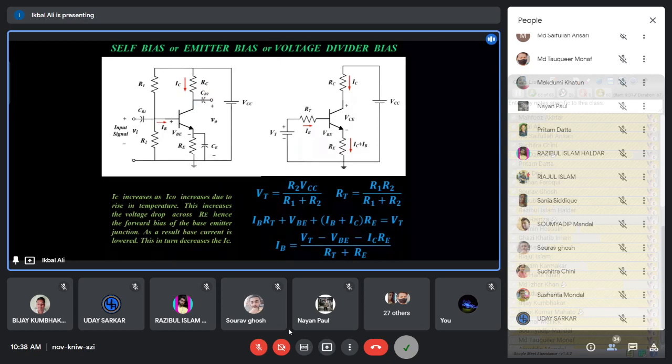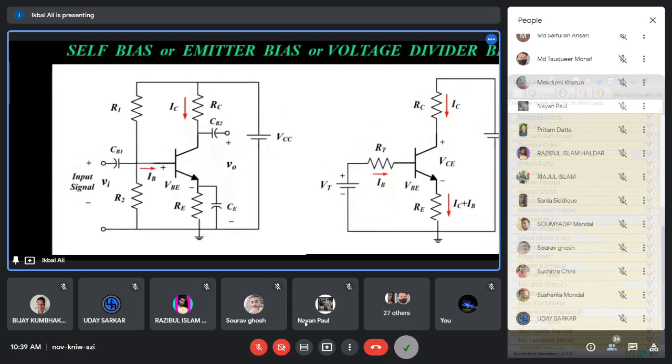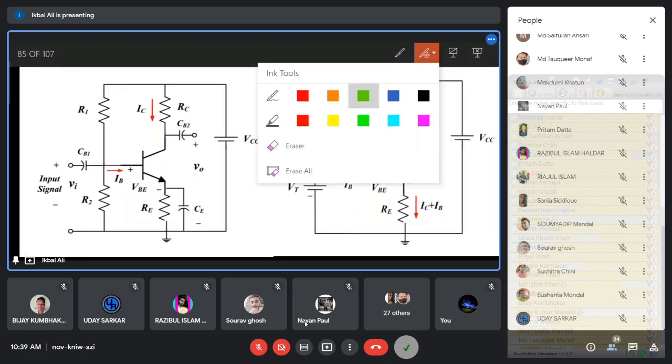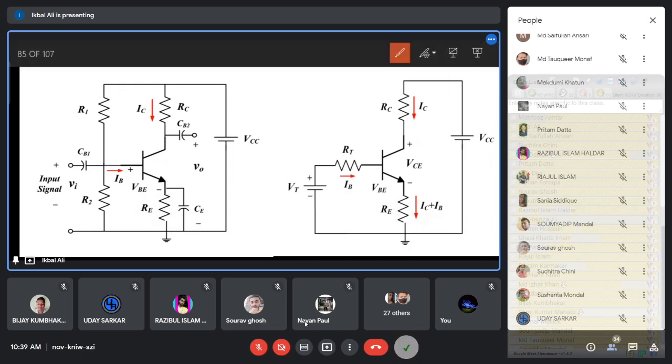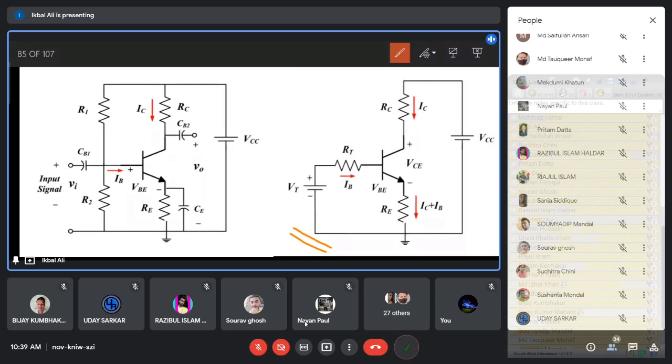So this is your self bias or the emitter bias circuit. You see the first picture, self bias or the emitter bias or the voltage divider bias, different names are there, but they have the same circuit. Now this second circuit is the equivalent of the first one, so you just have to focus on the first circuit.